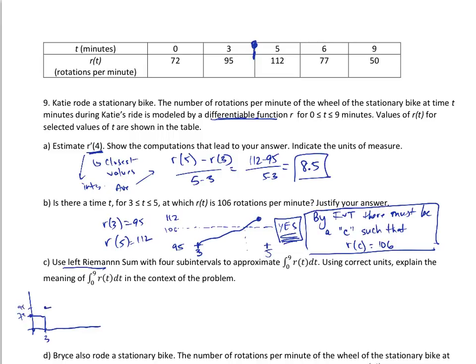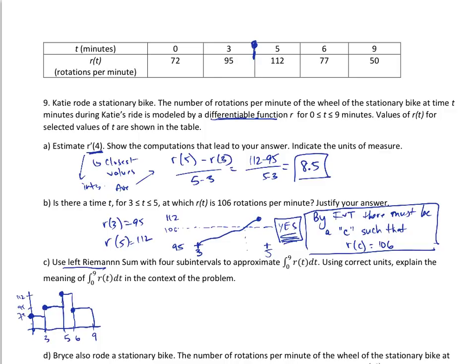So this will go to 5 right here, which is 112. So that will go like this. Then the next one starts at 112 and goes to 6. And 6 has a height of 77, so it came right back down. And then all the way to 9, which has a height of 50. That's even lower, but we're still going to be at that height like that. So that's just a rough sketch of what's going on because I used left Riemann endpoints.